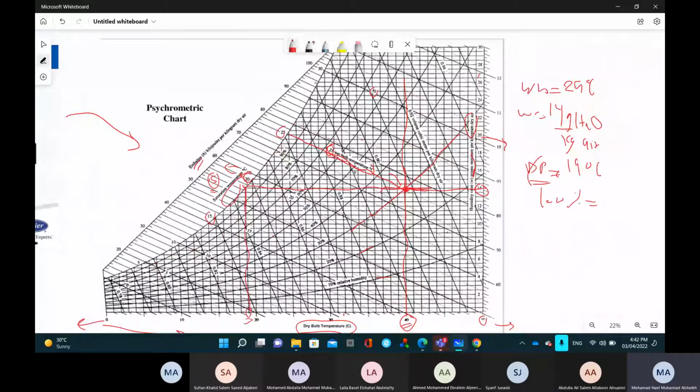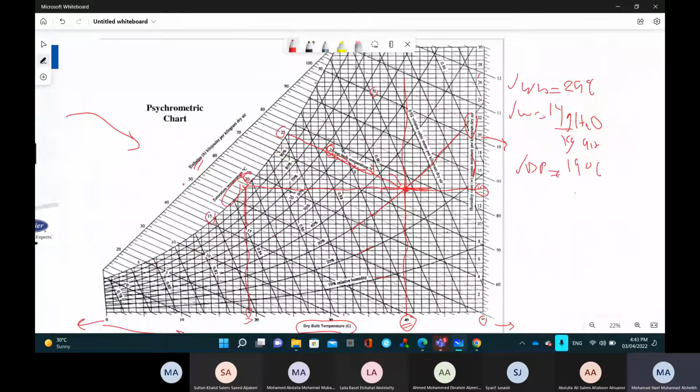Because at 19 the air is already holding the maximum amount of moisture, going far beyond that will result in condensing the water particles around our object. So this is basically the dew point. This is the third property that we got after the wet bulb and the humidity ratio.